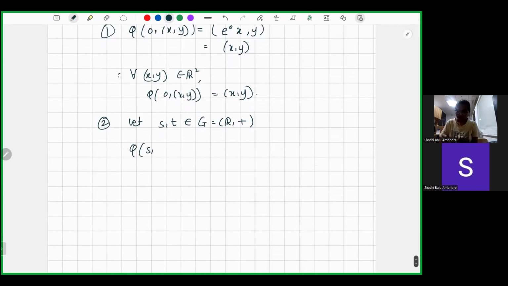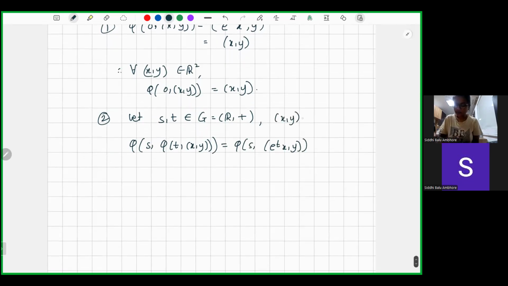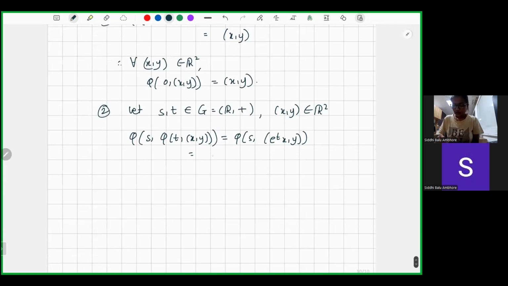Then phi of s comma phi of t comma (x, y) is equal to phi of s comma (e^t x, y), where again (x, y) is in R2. This is phi of s comma e^t x comma y, which is (e^s e^t x, y), and this is (e^(s+t) x, y).